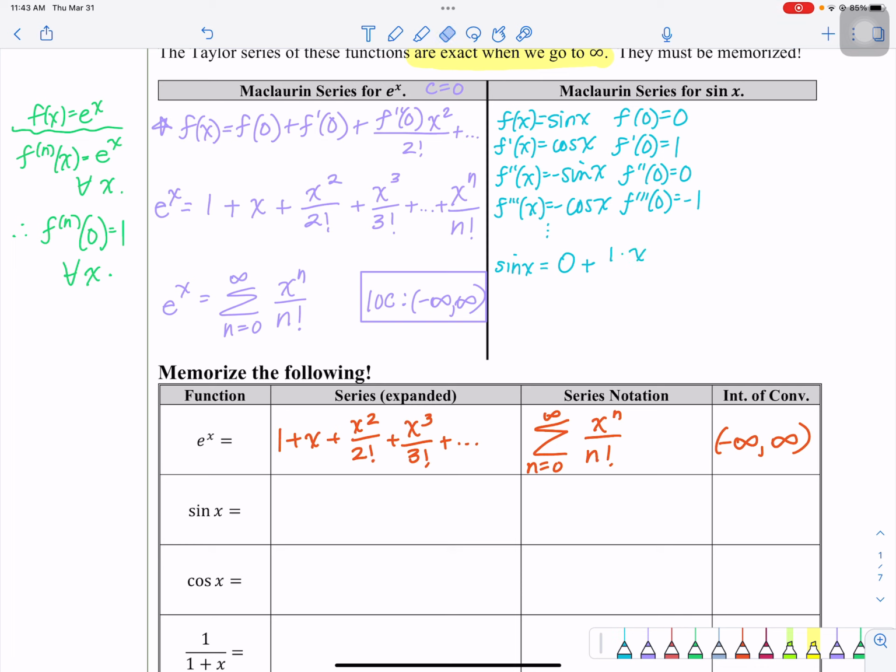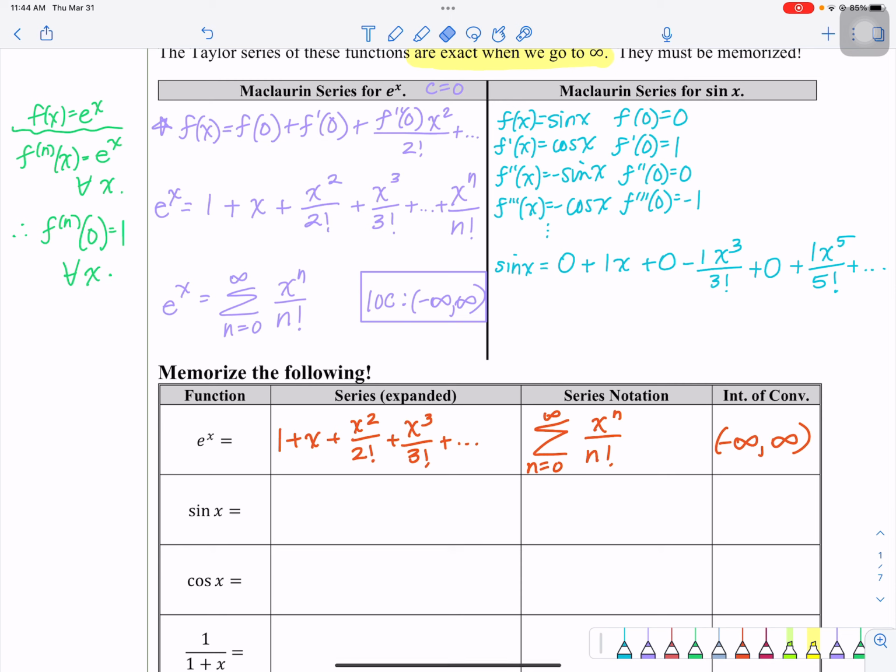Of course, that's divided by 1 factorial, so I'll just put an x. And then we have a 0, and then we have a minus 1 times x cubed over 3 factorial plus 0 plus 1x to the 5th over 5 factorial, and so forth.